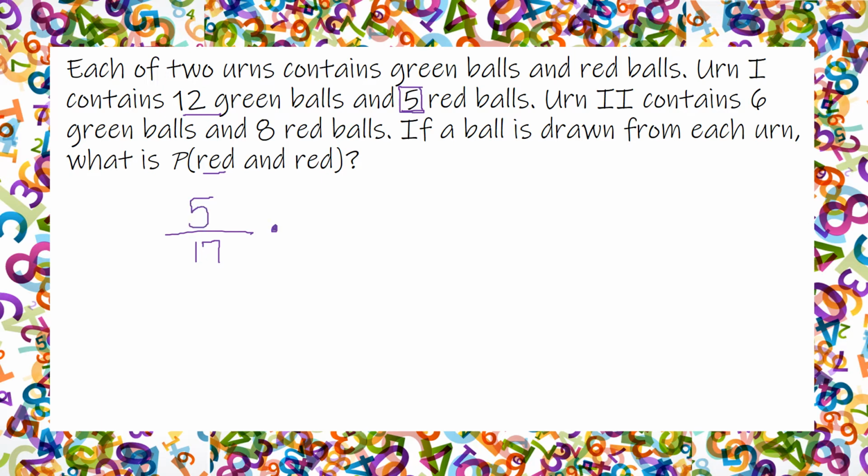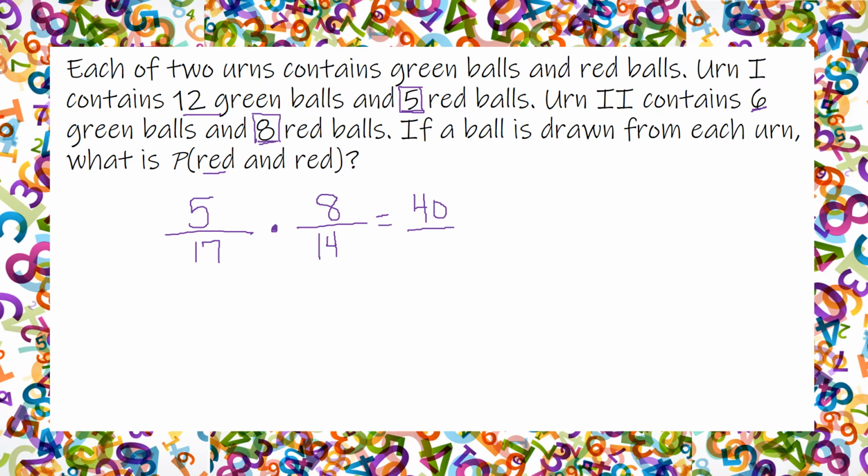Going to do the same thing. We're going to multiply these two probabilities because we're looking for a combination there. And this time we've got 6 green balls and 8 red balls. That's 14 total. And there are 8 red balls, so 8 chances to get red. So we're going to multiply across. 8 times 5 is 40.